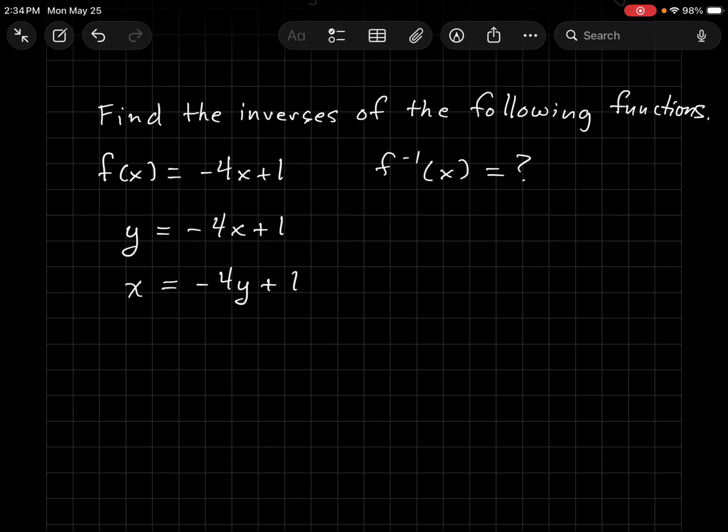So this y right here is really y inverse or f inverse. But so that our notation doesn't get messy, I will leave it as y and then fix it at the end. So we've switched the x's and the y's, and now we're going to solve for y. So I could subtract the 1 and then divide by negative 4. And that is my new y, or really my new y inverse.